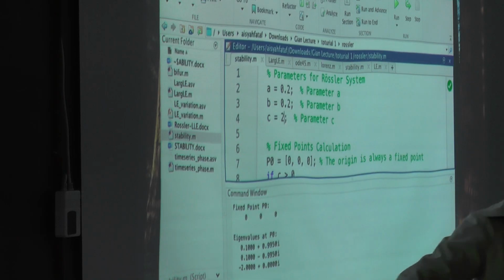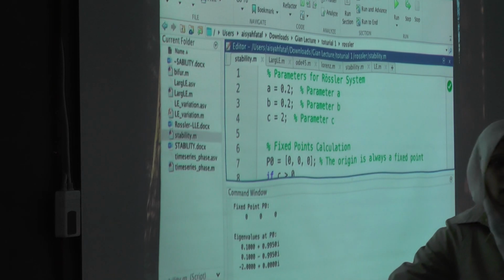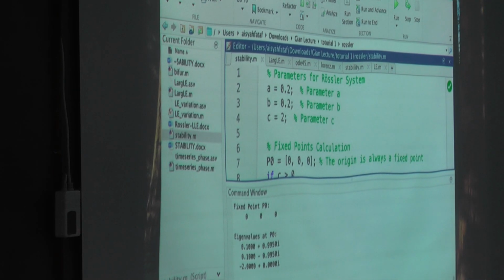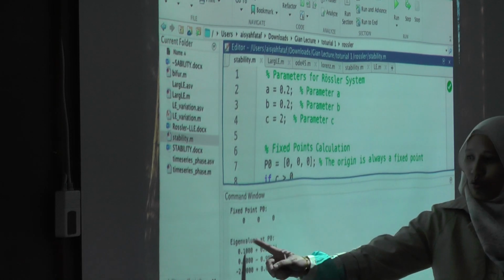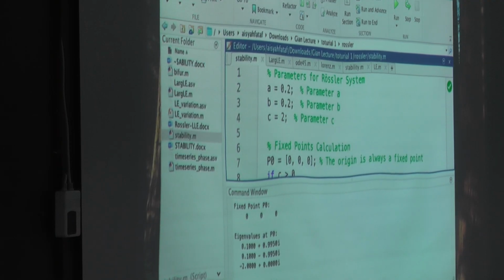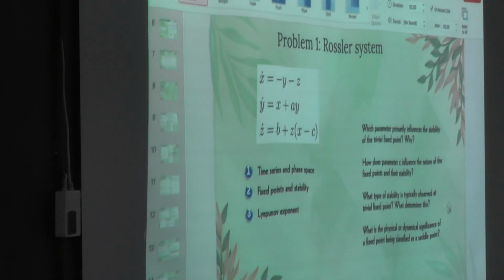Why we don't have the minus 1? It's very obvious, right? Everything in the plus is a positive real number, positive part. And the fixed point, we have 2 positive and 1 negative, which will be a saddle. So you can play around with the parameter C because it influences the stability.